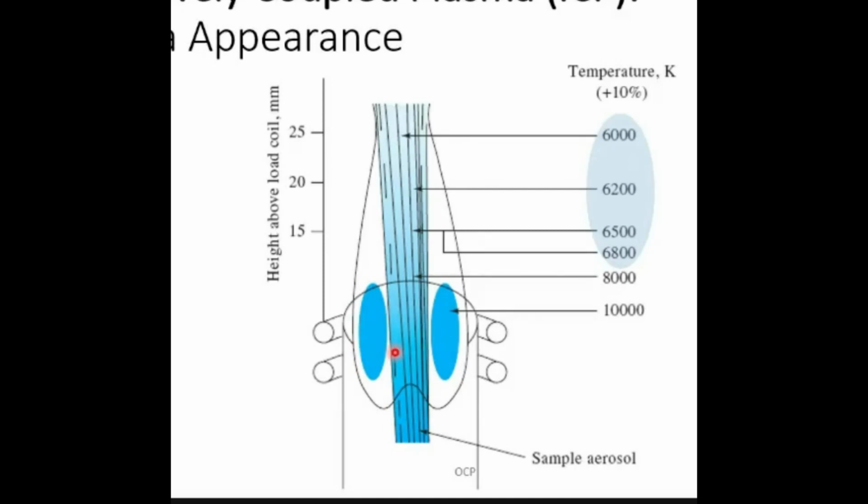This is the region where elements are generally viewed around 6000 to 7000 Kelvin temperature. This distance, if you observe, is typically between, say, 12 centimeters to 25 centimeters from the tip of the coil. So this is above the coil.